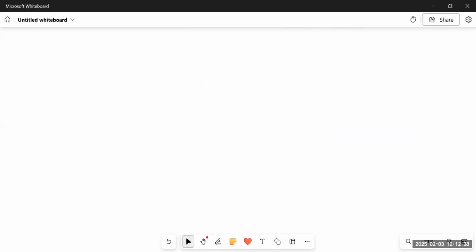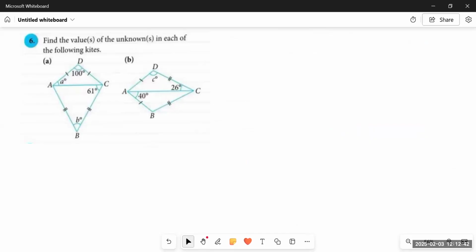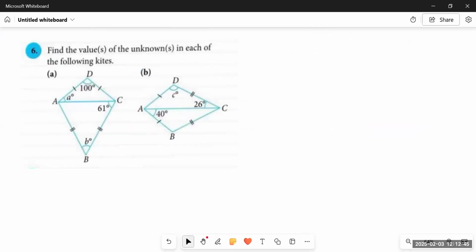Now let's do part B. If you look at part B, you can see that there is a diagonal line from the opposite side. In the first kite, if we look at this kite and if we draw it in this direction, it would be like this, right?